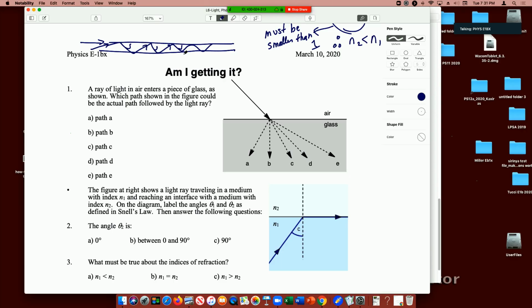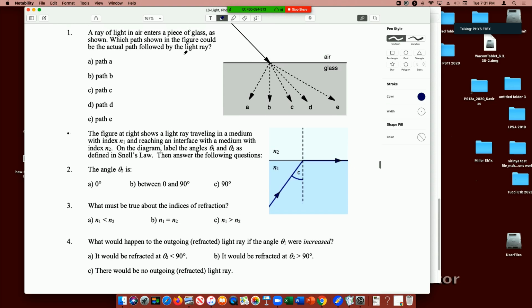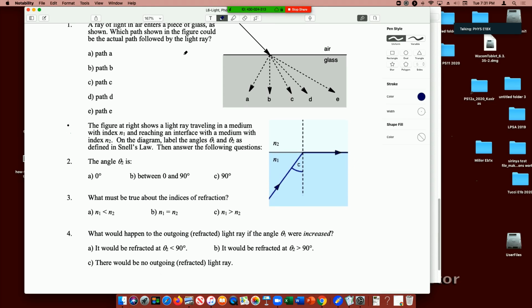Any other questions? No? Okay, so you have all of the tools that you need to answer these "Am I getting it?" questions. It's 7:30, so this is probably a good time to take a break. The second half of the class is completely different. We've now covered all of the electromagnetic spectrum part, looking at light as an example of an electromagnetic wave.